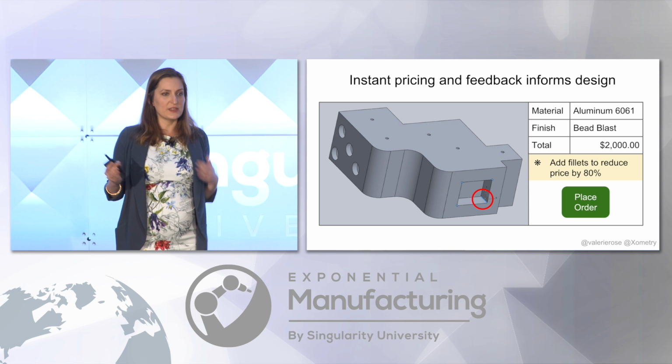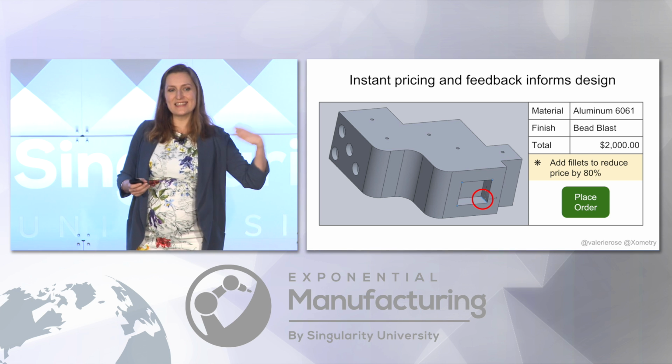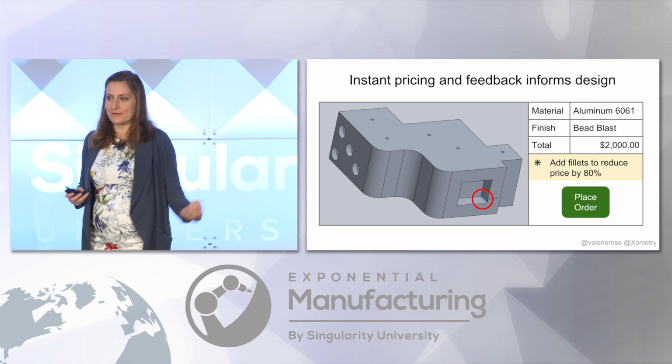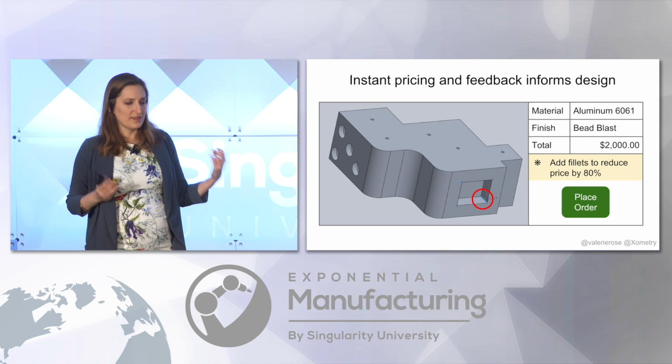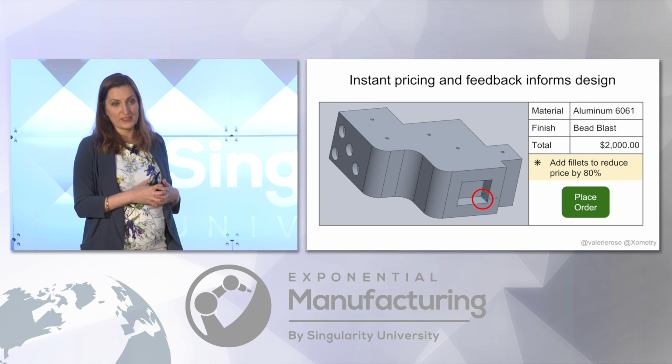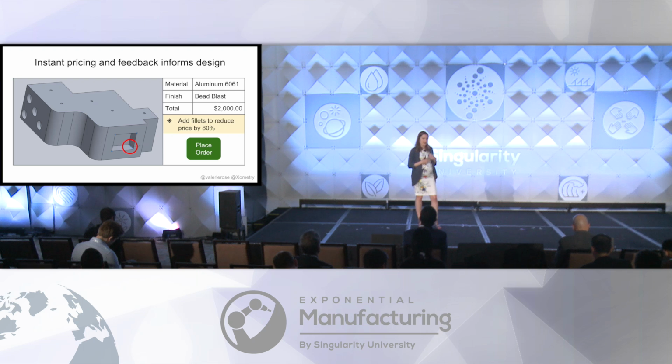So now, instead of the tedious process of thinking you're done with your design, sending it to the shops, getting that feedback, waiting, sending it back, waiting again, that is merged into the process of design where it really belongs. So understanding how your design impacts price, getting that feedback right away is extremely powerful.